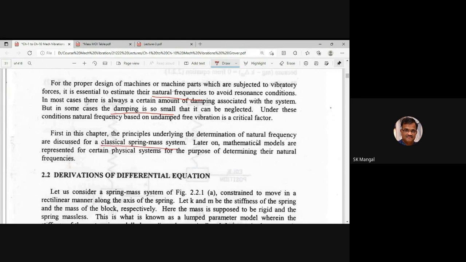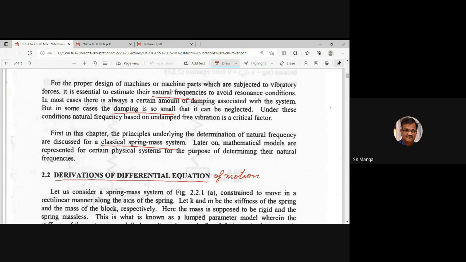To find the frequency of a system, we need to derive the differential equation of motion. You will have five methods to derive this equation of motion. I will discuss some of them in this lecture and some in the coming classes.